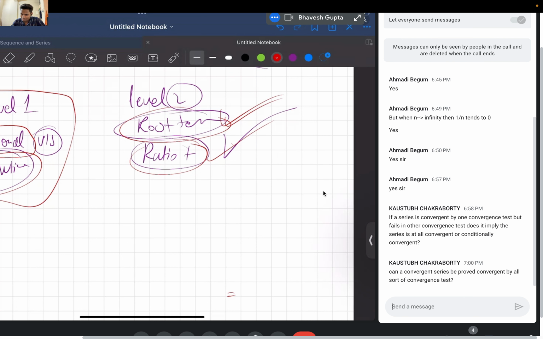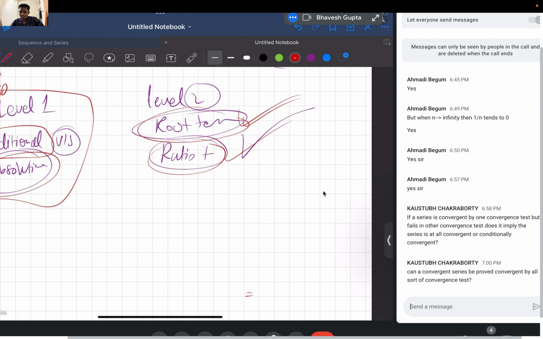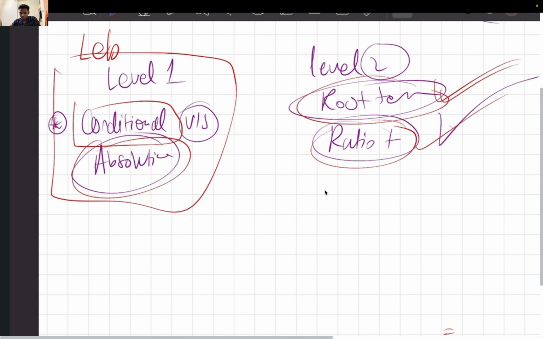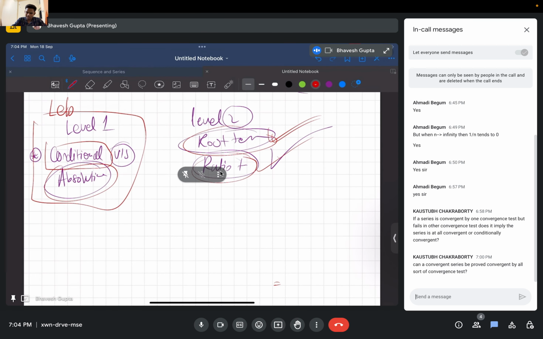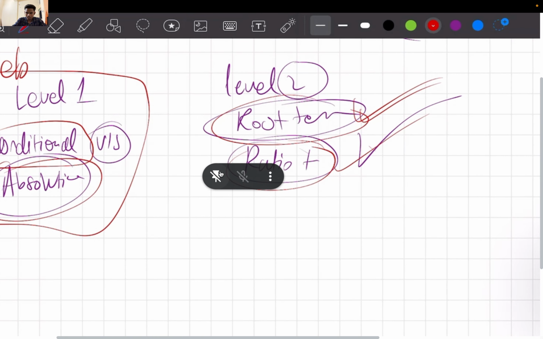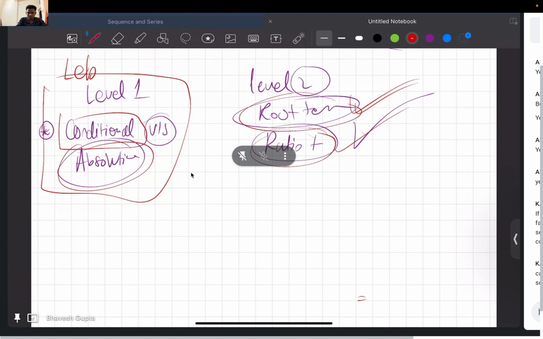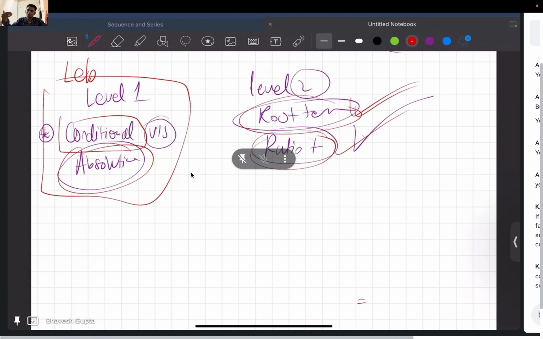For an absolutely convergent series, can we prove that it is convergent by all sorts of absolute convergence tests? Yes. If it's absolute convergence, no matter what technique you use, it will always give you the same answer. The reason behind that is that it has a unique convergence. That's why it always works.